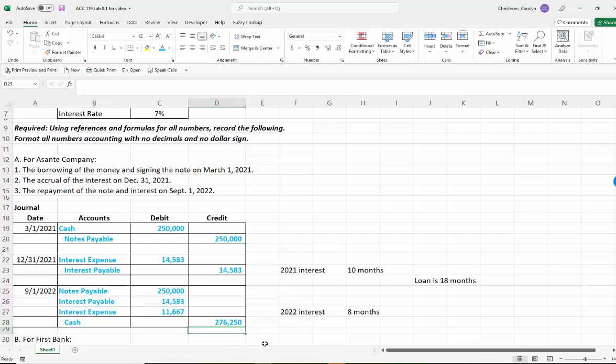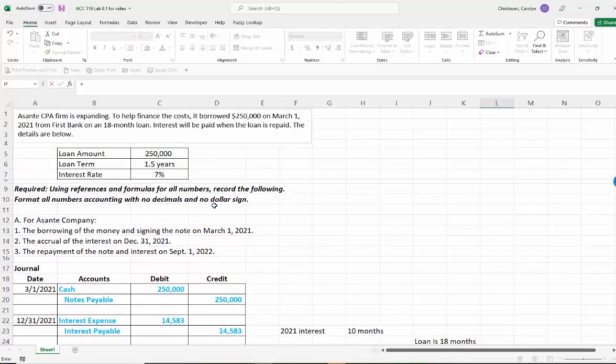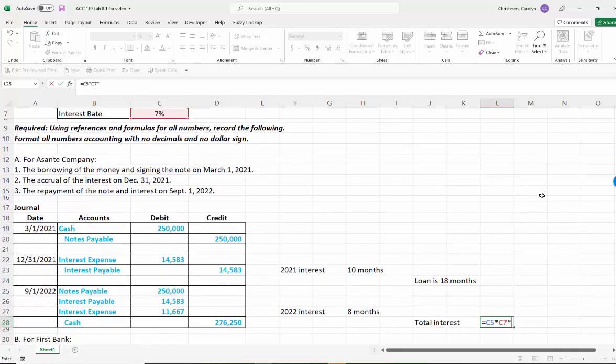Okay, now if you want to double check to make sure your interest is okay, one thing you could do is, let's say how much interest we have in total, right? So our total interest should be equal to our principal times our rate times 1.5 years.